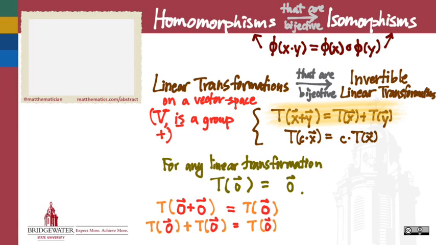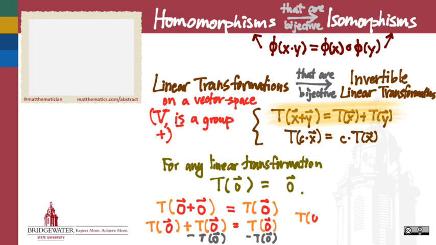So T of 0 plus T of 0 is equal to T of 0. But now what? Now let's just subtract T of 0 from both sides. Use the cancellation property in the additive group of vectors. Right? And when I do that, what do I find out about T of 0? T of 0 has to equal the 0 vector.